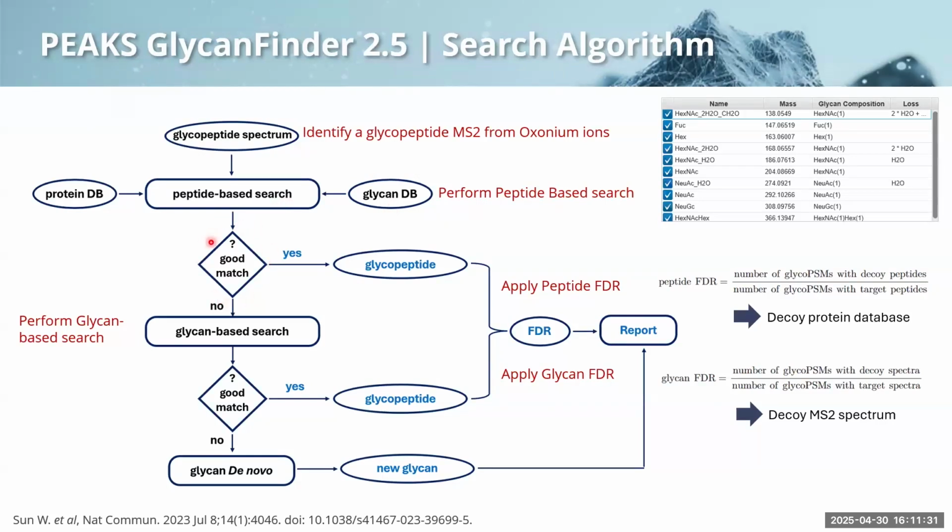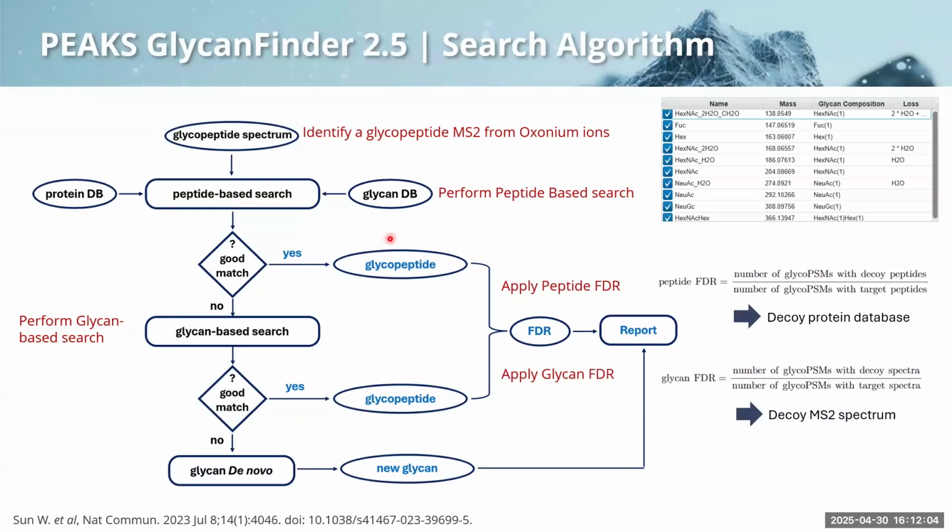If this provides a good match, then it will be reported as a glycopeptide. If it is not, then it will go instead through a glycan first search, where instead of trying to look for a protein in the database that it matches to, it will just try and search the glycan database immediately. And this can be good when you maybe have a spectrum where the peptide backbone isn't as well fragmented. And if that's a good match, you'll have a glycopeptide reported.